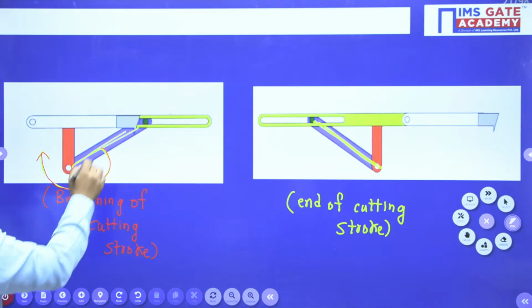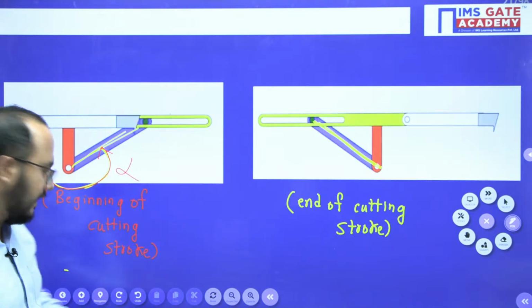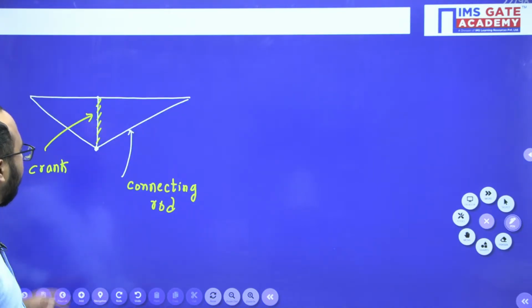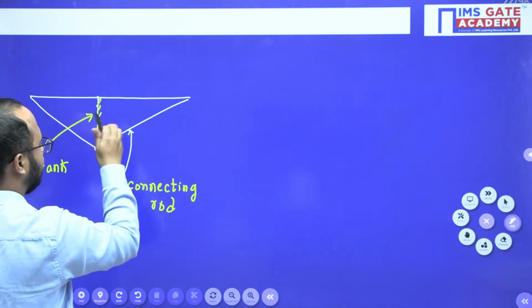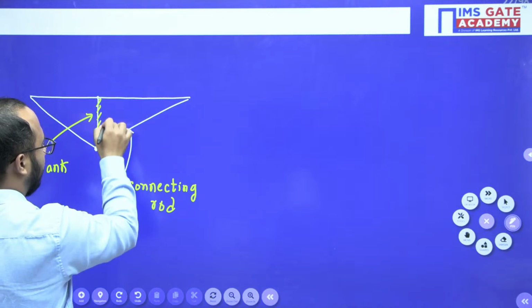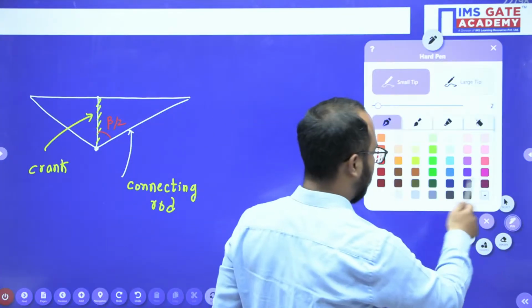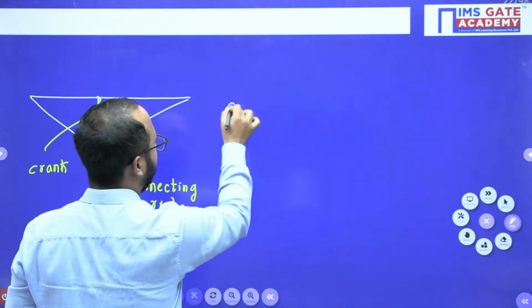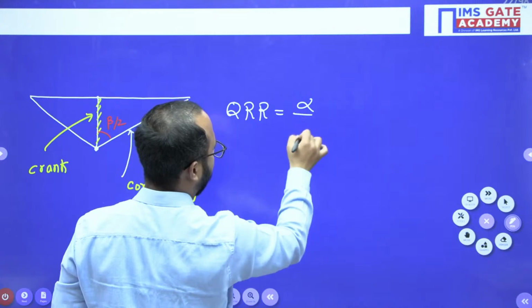So this will be acting as alpha, that is the cutting angle here, right? So obviously this will be the return stroke angle and we can say this is beta by 2. Clear, everyone? So alpha by beta we are having.